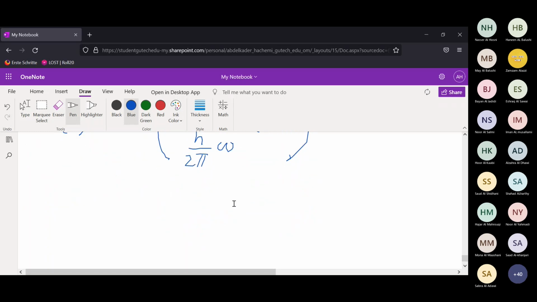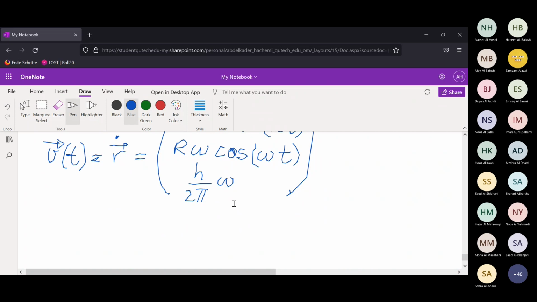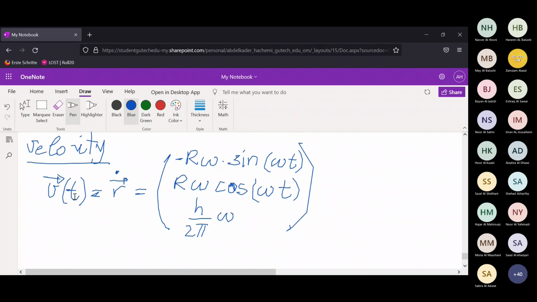This is the velocity. Now, for the magnitude of this velocity, we only have to take these three components.